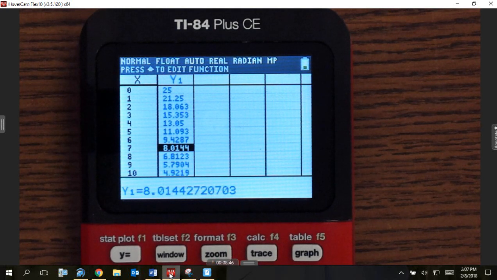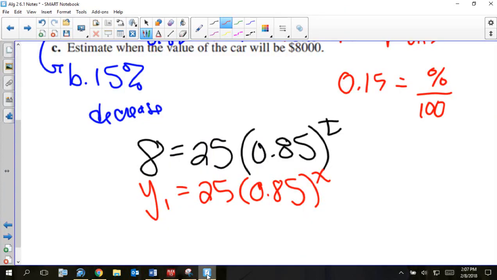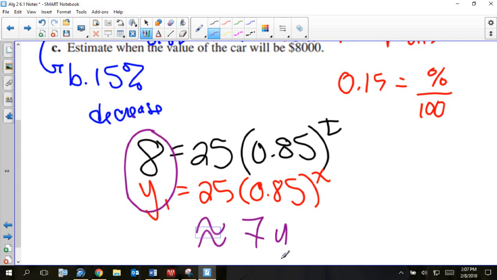Approximately 7 years. So y is 8 at approximately 7 years. And eventually we'll get it so you can solve that exactly. Right now it's just approximate. Any questions on how I did that?